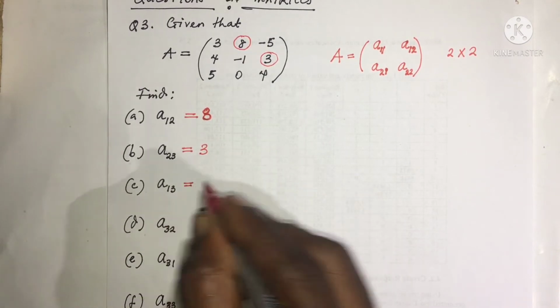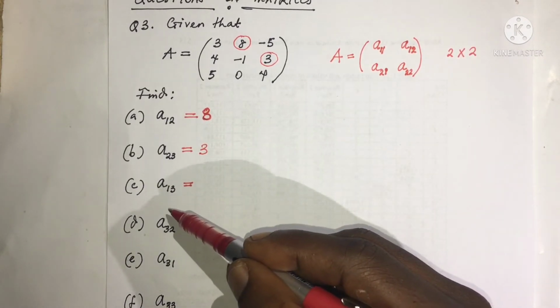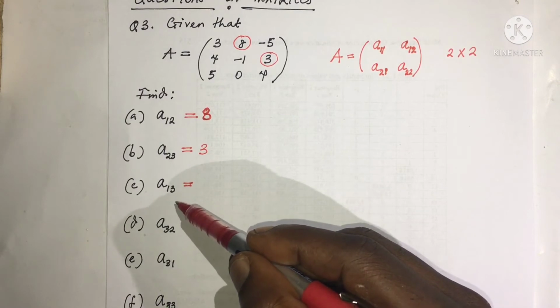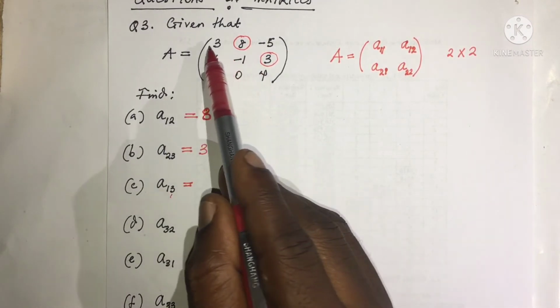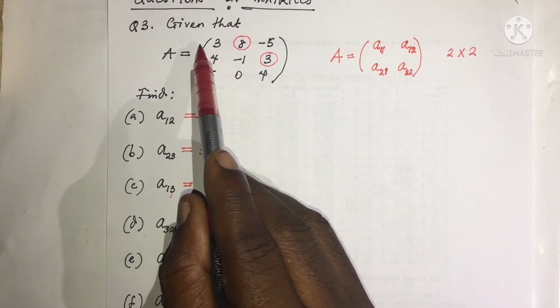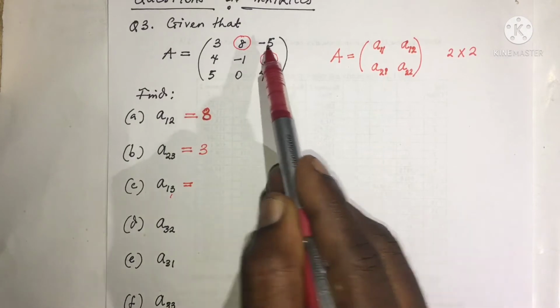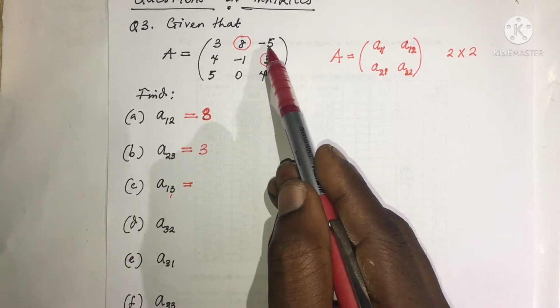Now moving to A13. A13 would be the element occupying the first row but third column. So what is that element? Let's see. So we move over to the first row. The first row is this row where you have 3, 8 and -5. What is the third number in that row? It is -5.